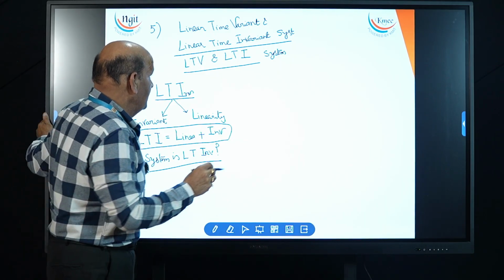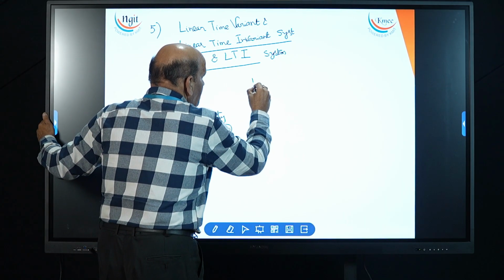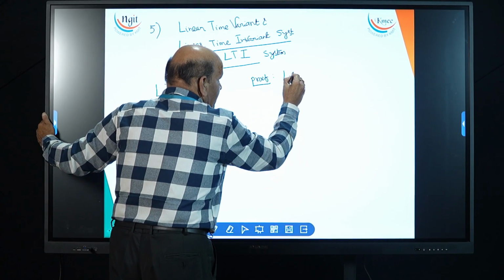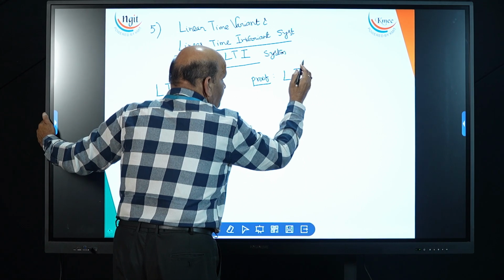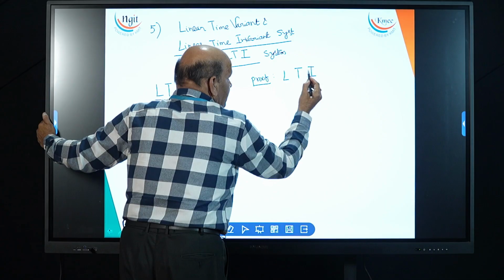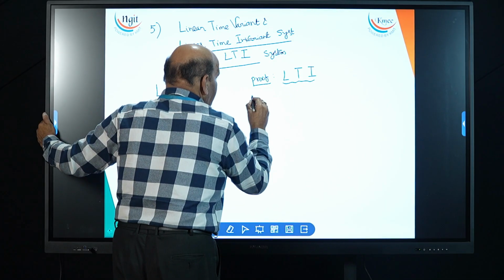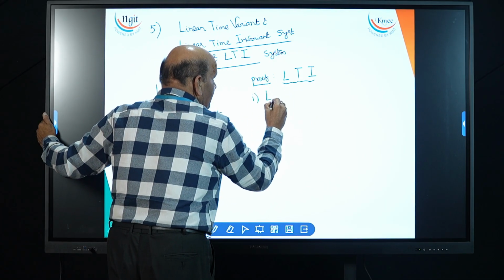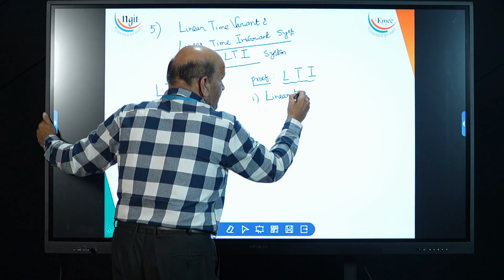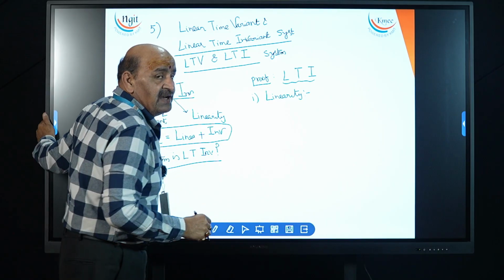Now just look at proof. Proof means what? A system is linear time invariant when the first property, the linearity property, is satisfied. Just in the previous case, we discussed what is the linearity property.